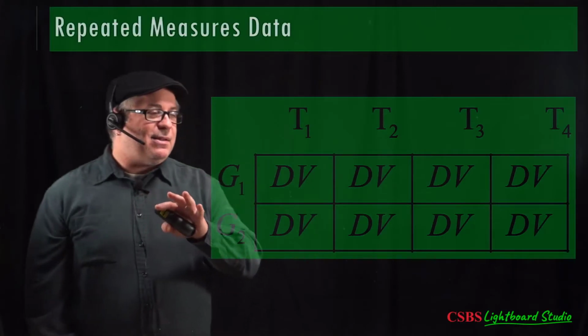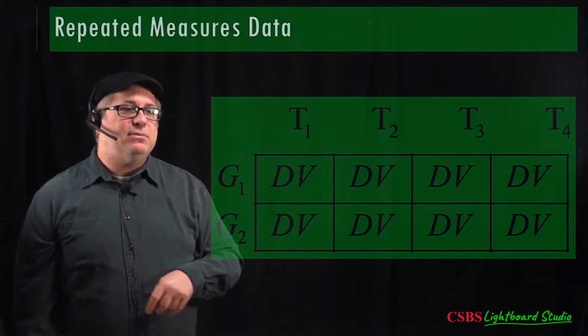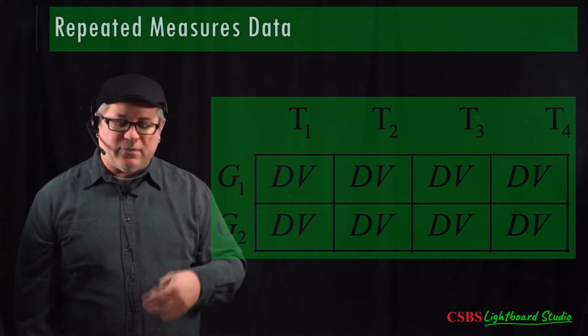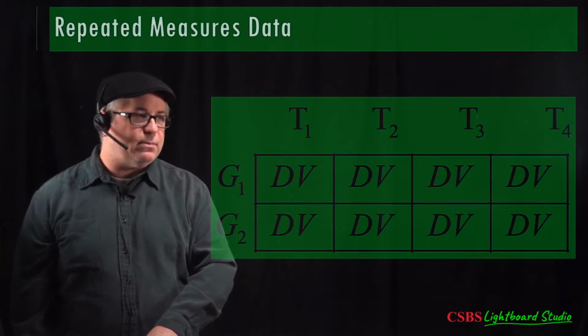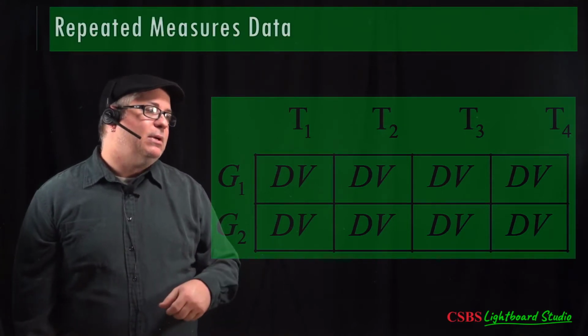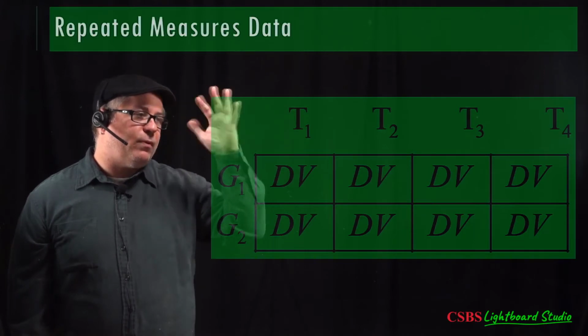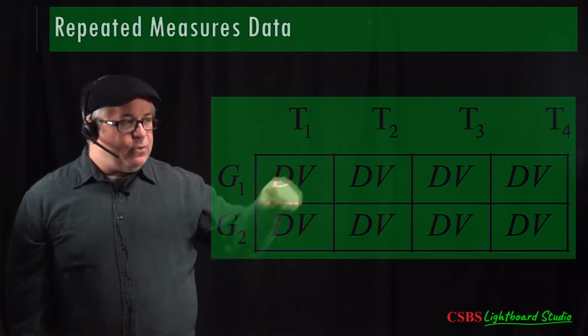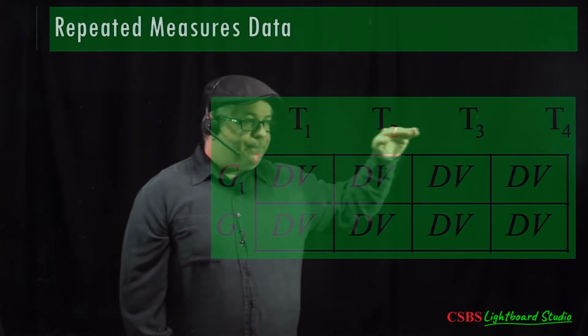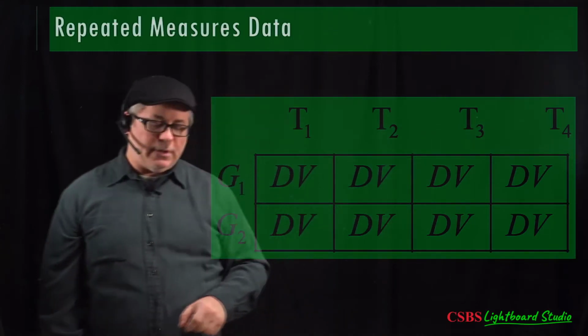The between groups part can have any number of layers, and it's still just a profile analysis. But as soon as you add another layer on the repeated measures part, it becomes a doubly MANOVA.